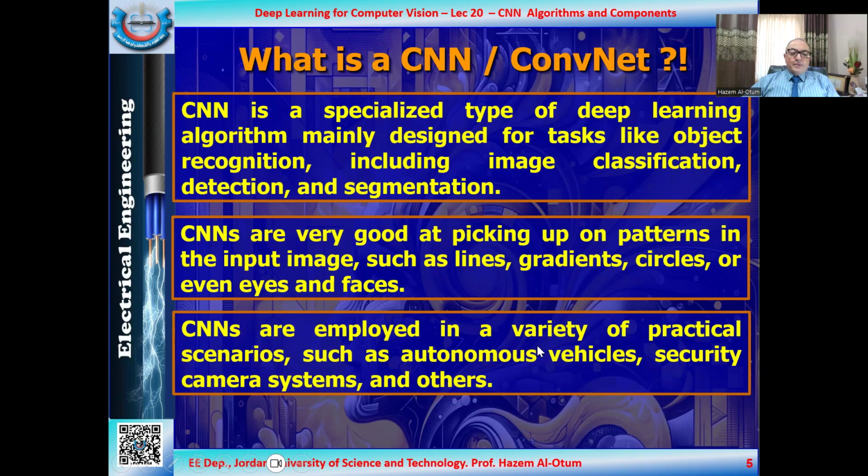You can find CNN applications almost everywhere in practical scenarios, for example, autonomous vehicles, when you have a driverless car, and security camera systems. In mobiles, when you try to open your mobile, there is always a face recognition software that identifies your face and whether it is you or not.